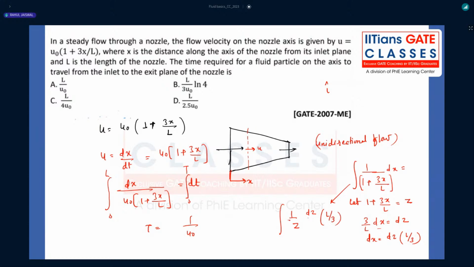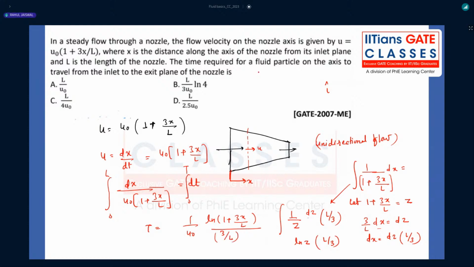So what is the integration of 1 upon z? That is log z, right? Divided by, or rather multiplied by, L by 3. So the same thing you can write here: log of z, where z is 1 + 3x/L, divided by 3 by L.